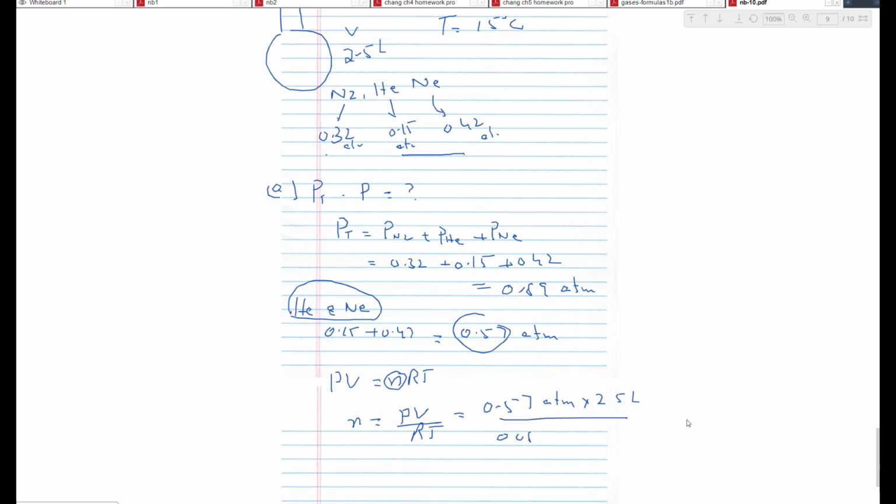And R is 0.0821 liter atmosphere per mole per Kelvin, and temperature is 15 degrees, which in Kelvin is 288 Kelvin. So look here, Kelvin cancels, and atmosphere, liter, and you will get the moles, right? What is the number you are getting? 0.57.